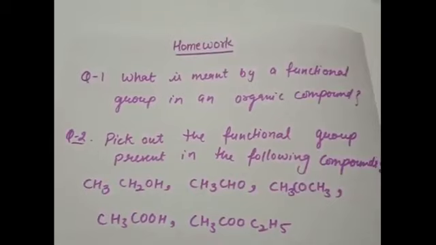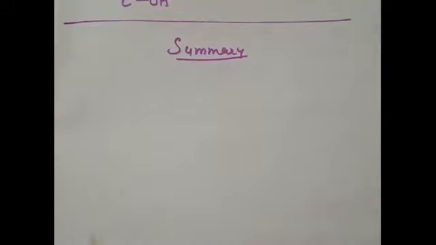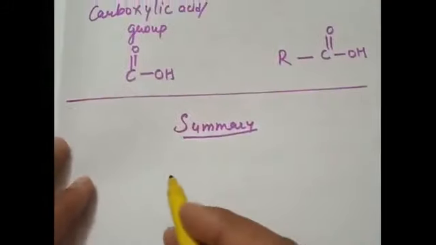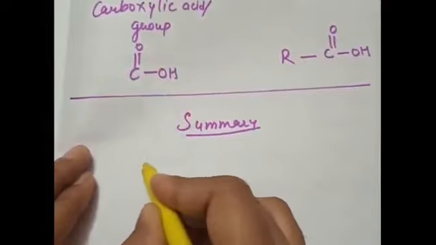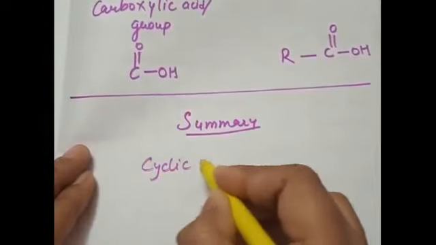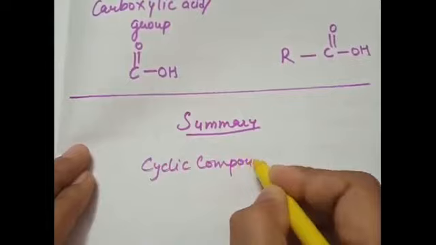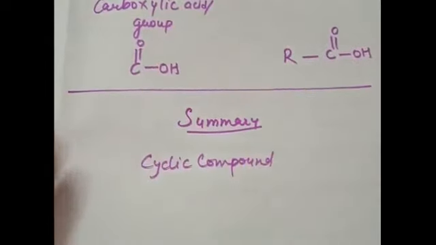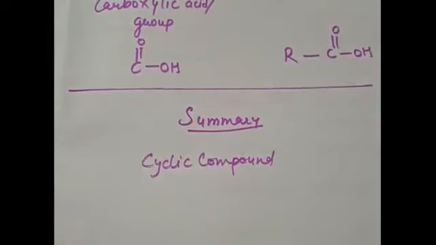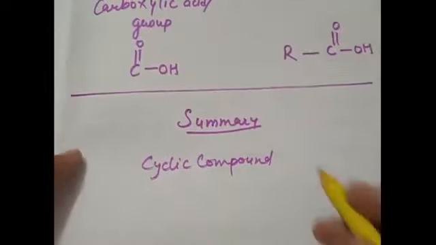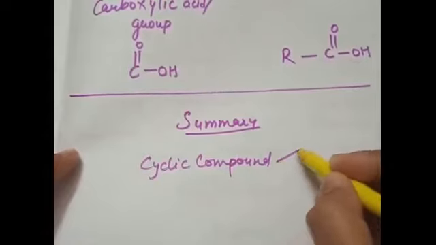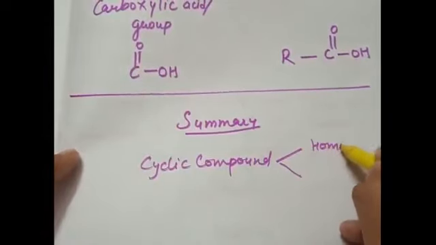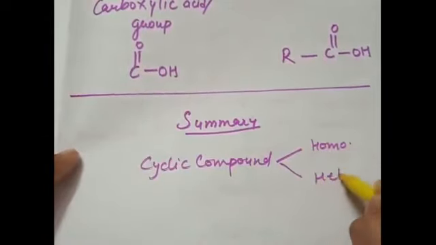So this is the homework for today, and now let us revise the lecture we have done today. Now let us summarize the lecture once. From the starting, we have done cyclic compounds. Cyclic compounds are the compounds which have carbon atoms arranged in the form of a ring. Then we have seen that cyclic compounds are of 2 types: homocyclic and heterocyclic.